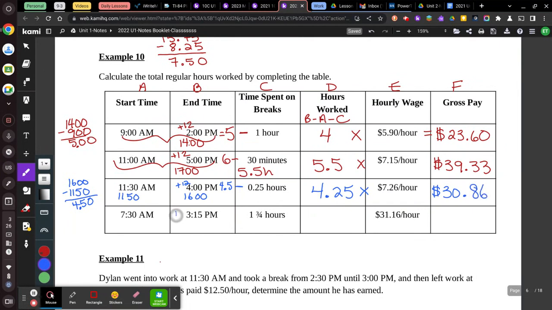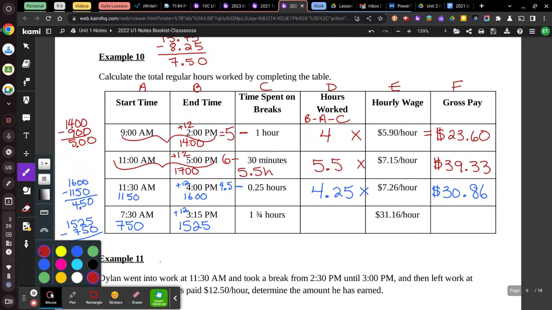The 3 o'clock, we're going to add 12 to the 3 and get 15. Now 15 minutes, 15 out of 100. That's going to give us 0.25. So that's 15.25. And over here, that's going to give us 7.50. So I'm going to take my 15.25 and subtract 7.50.